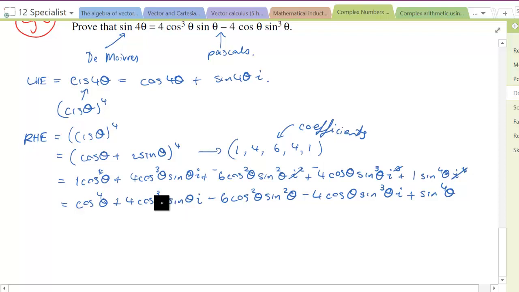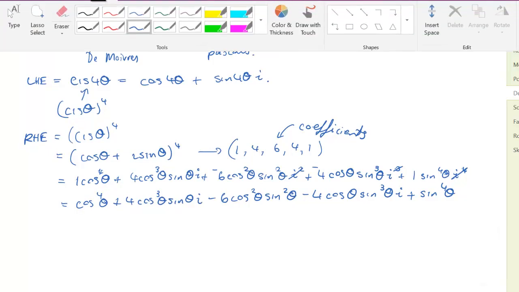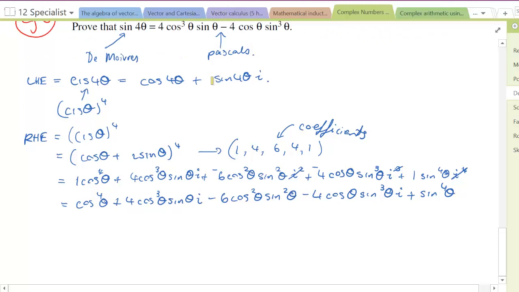So the two imaginary components we can see in this side, sine 4 theta is imaginary, and in this side we have this 4 cos cubed sine theta and -4 cos theta sine cubed, and they're the only imaginary components.